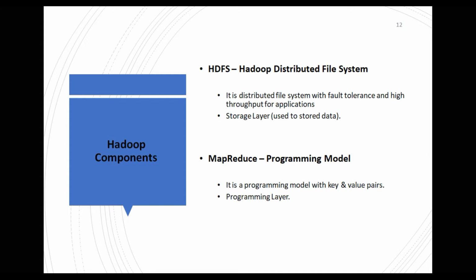So I can say it is the storage layer, used for storing the data. And MapReduce is a programming model with key and value pairs. So I can say it is the programming layer. Let me move to the next slide.